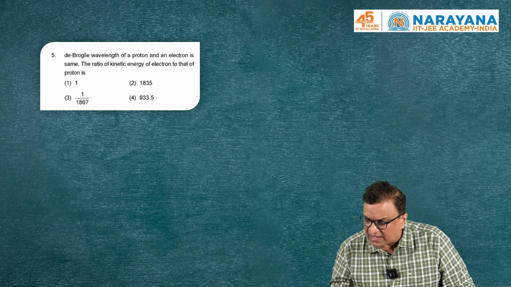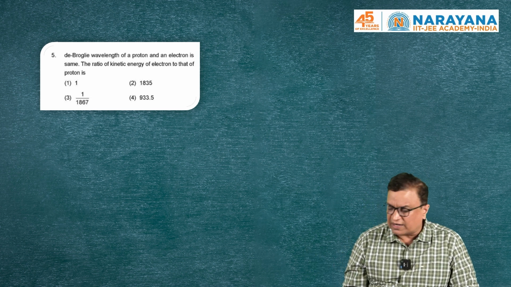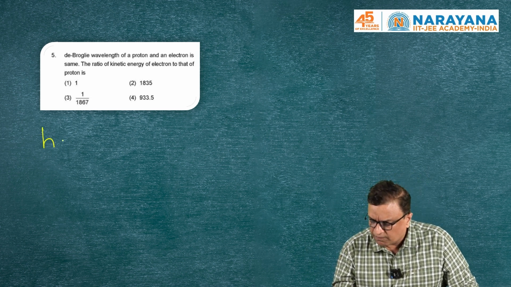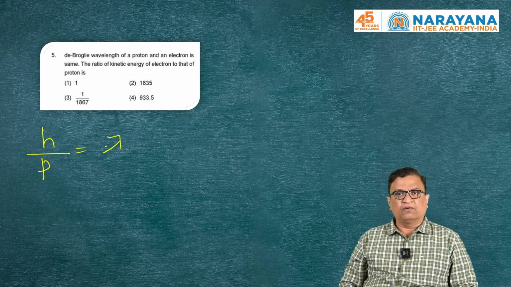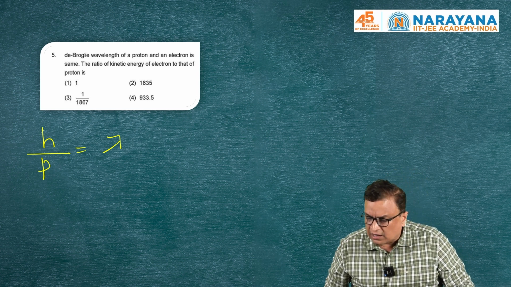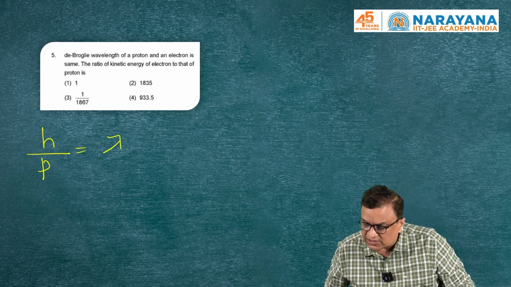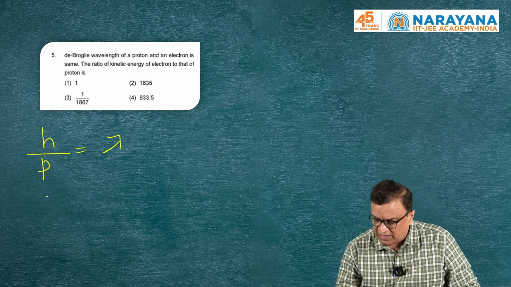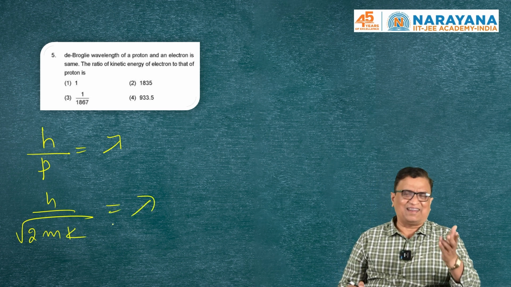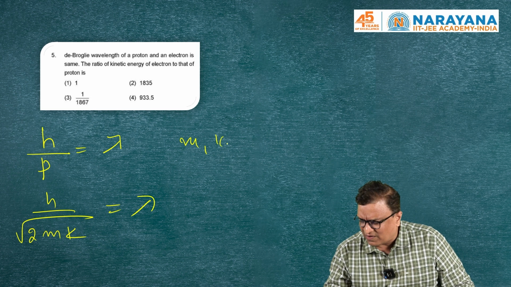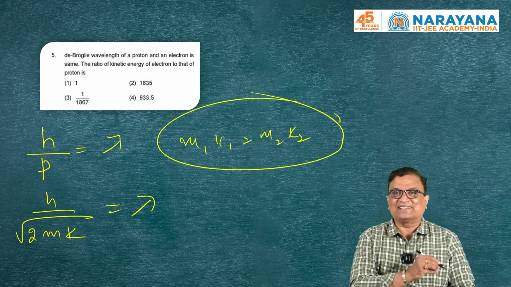The ratio of kinetic energy of electron to that of the proton is, see, you know, h by p is the de Broglie wavelength. One equation, right? You said wavelengths are same, and by the way, p is root of 2 times mass into kinetic energy, so p is the same. Come on, m1 k1 is equal to m2 k2.